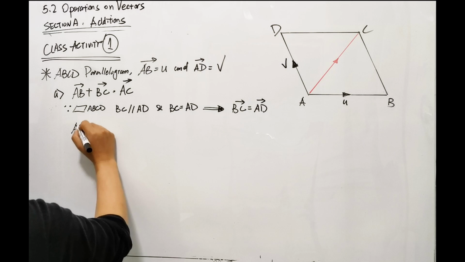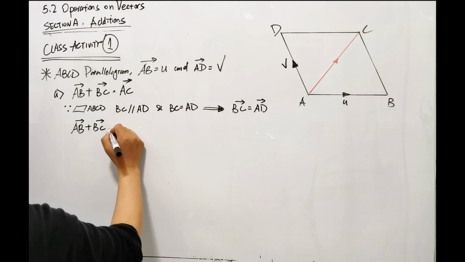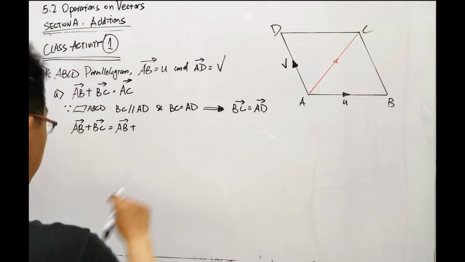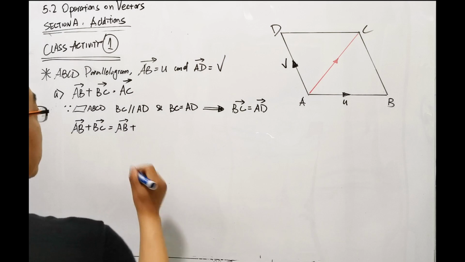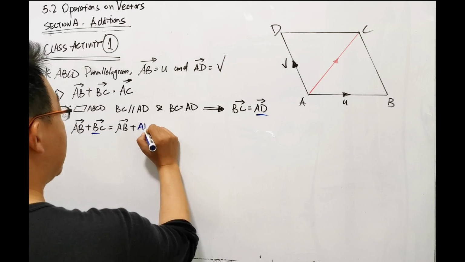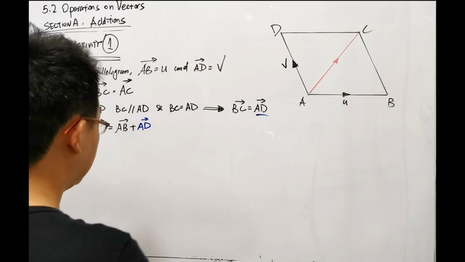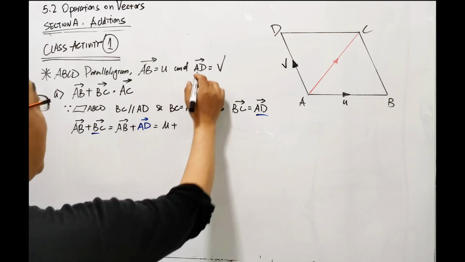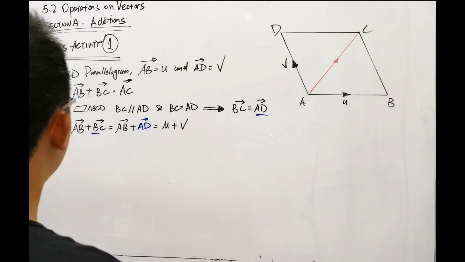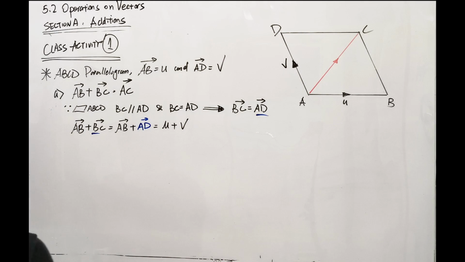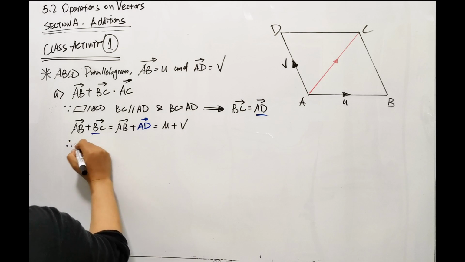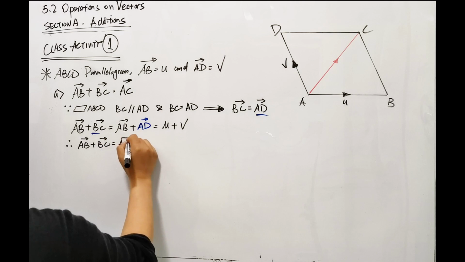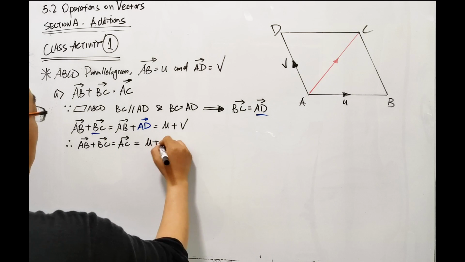So AB plus BC equals AB plus AD. Because we know AB equals u and AD equals v, therefore AB plus BC equals AC and equals u plus v.